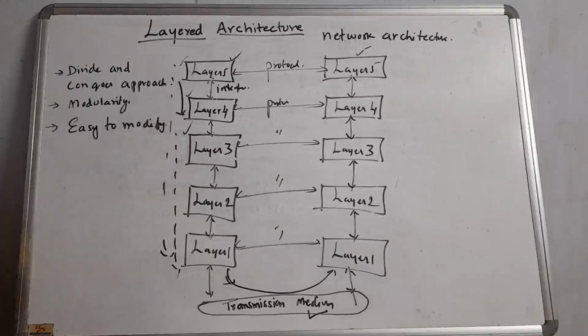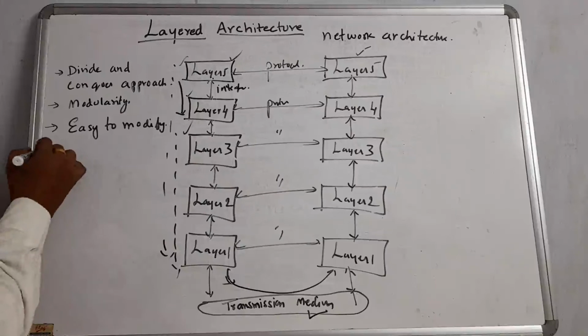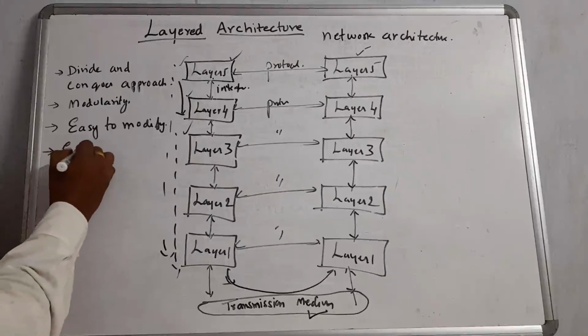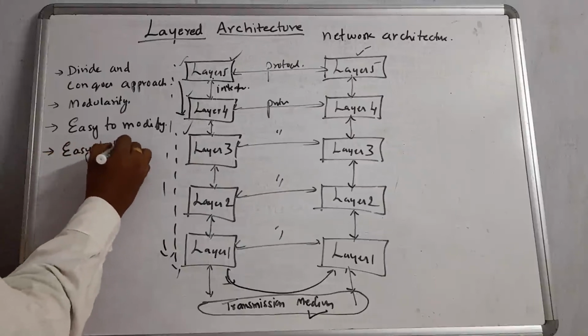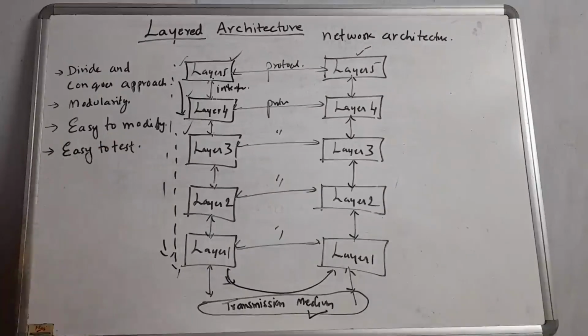It ensures independence of layers so that the implementation in one layer can be changed without affecting the other layers. The last one is that it is easy to test. Each layer of the layered architecture can be analyzed and tested individually.